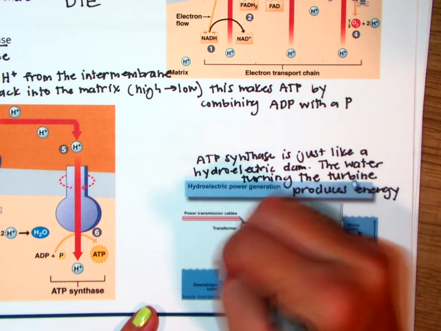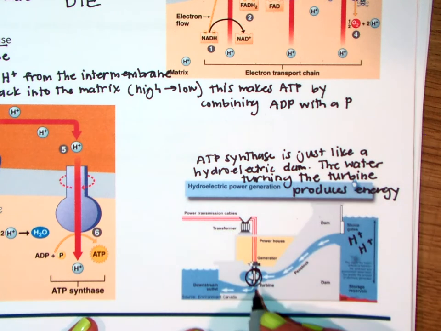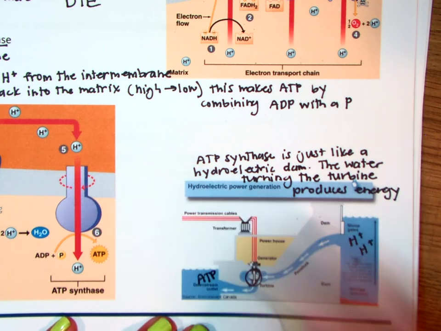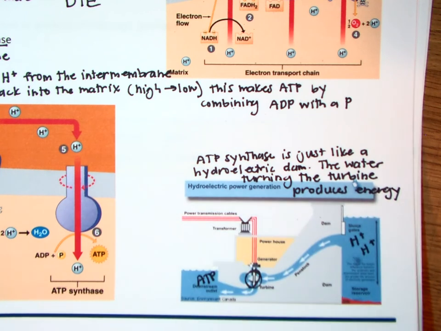This would be like the reaction site here. And this combines ADP with the phosphate to give you ATP, to make some energy.